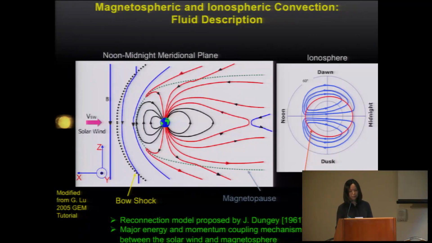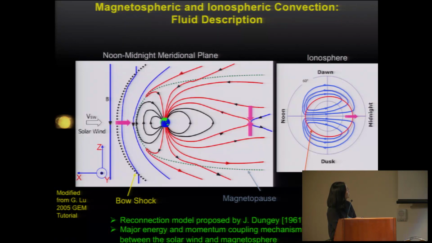So here is the noon-midnight meridional plane of the magnetosphere. When the IMF has a southward component, it will reconnect with the Earth's northward magnetic field on the day side, generating 2 new open field lines, the red lines here. Then the solar wind will drag those open field lines from the day side to the night side, where they will reconnect again.